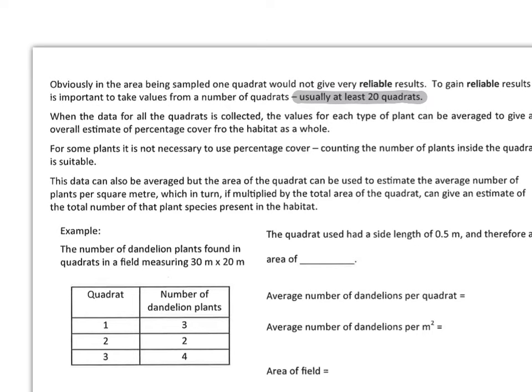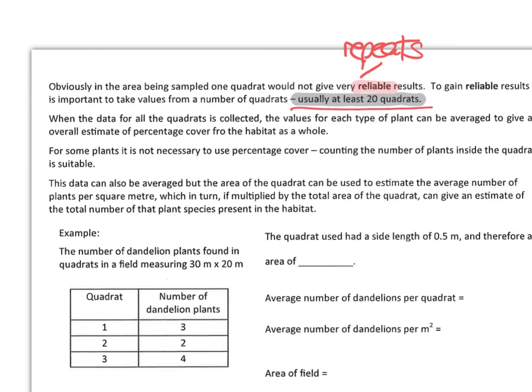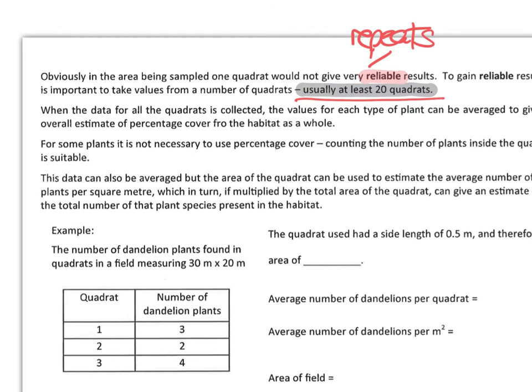So if you can highlight reliable results, and put repeats in there. So in other words, you repeat an experiment, or in this case, you're taking at least 20 quadrats.